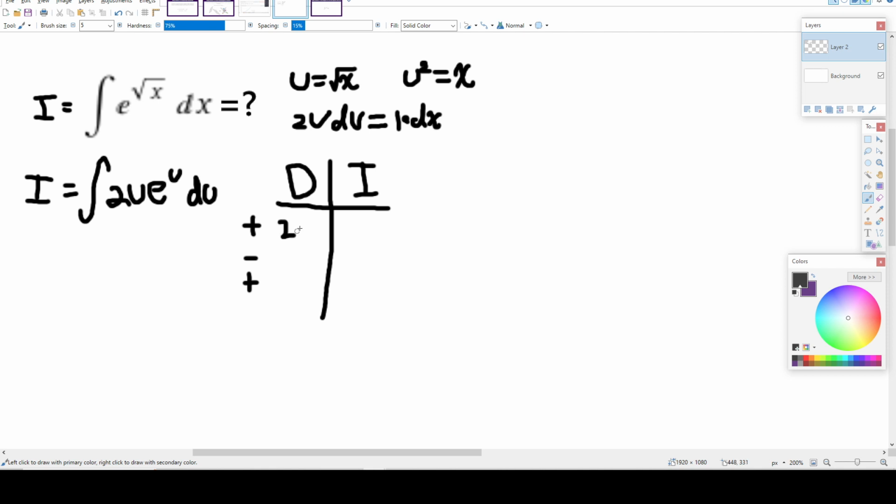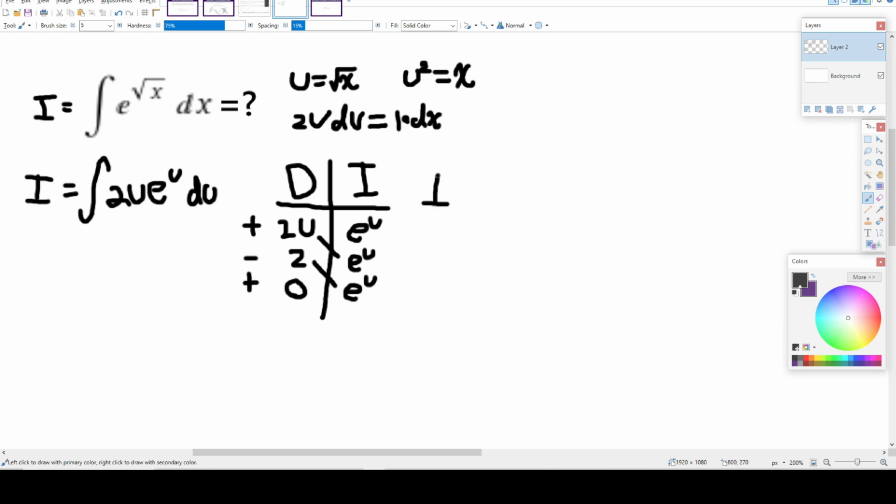So we're going to take the derivative of 2u, and we're going to take the integral of e to the u. Now the integral of e to the u is just e to the u, and the derivative of 2u is 2. The derivative of 2 is 0, and this integral is once again e to the u. Multiply these, and use the sign next to the derivative column.